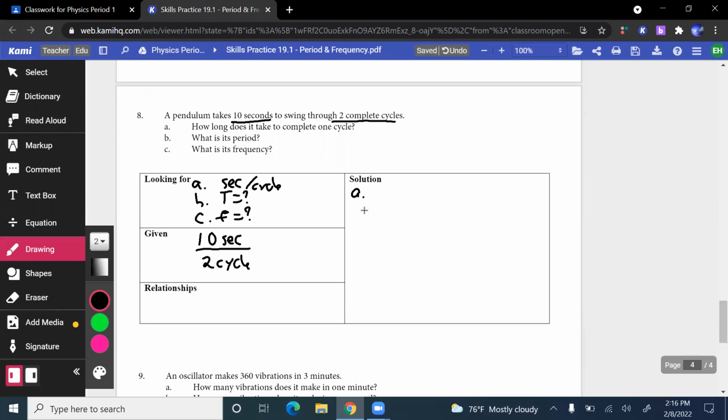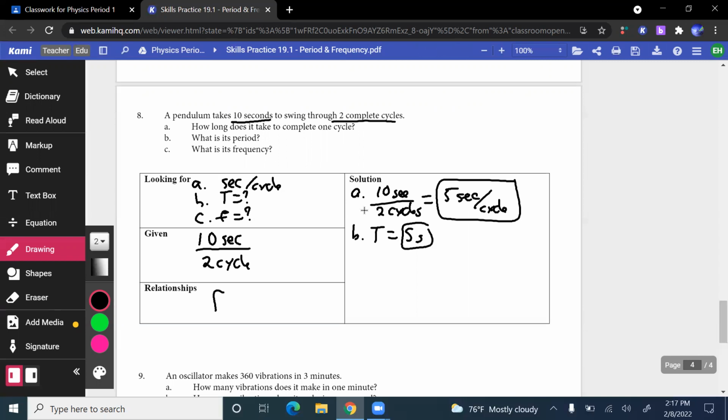If it takes 10 seconds to go through 2 cycles, that means it takes 5 seconds to go through 1 cycle. Just divide by 2. And what are you looking at? 5 seconds per cycle? Well, that would be the period. The period is 5 seconds, which means we need to still find the frequency. Frequency being the inverse of the period. And 1/5 would be 0.2 hertz.